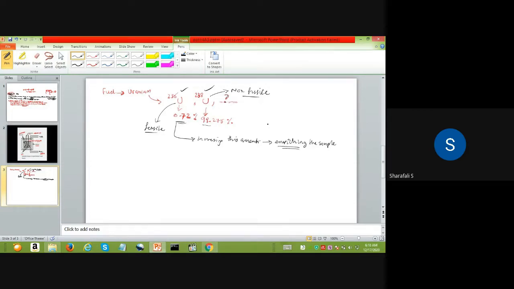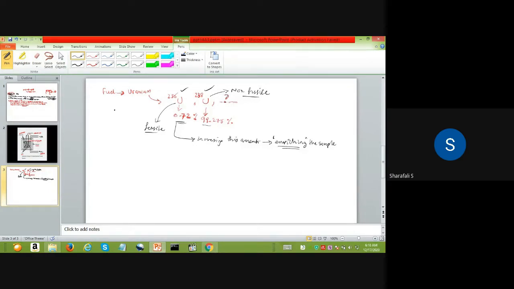Since the uranium-235 concentration is very small when you take it from naturally occurring sources, the sample contains only 0.72 percent uranium-235, and the majority, 99.275 percent, is uranium-238. So we have to remove some uranium-238 from the sample so that the uranium-235 concentration becomes a little higher, and that process is called enriching.